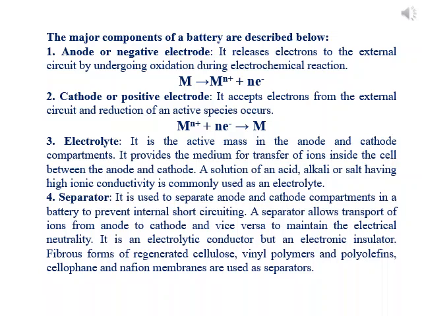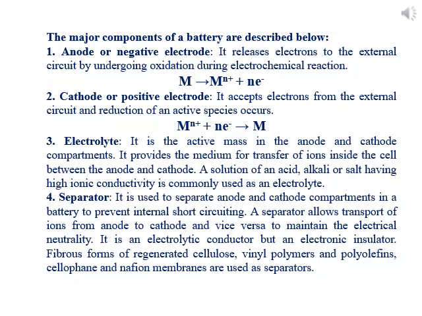The fourth component is the separator. It is used to separate the anode and cathode compartments in a battery to prevent the internal short circuiting. A separator allows transport of ions from anode to cathode and vice versa to maintain the electrical neutrality.